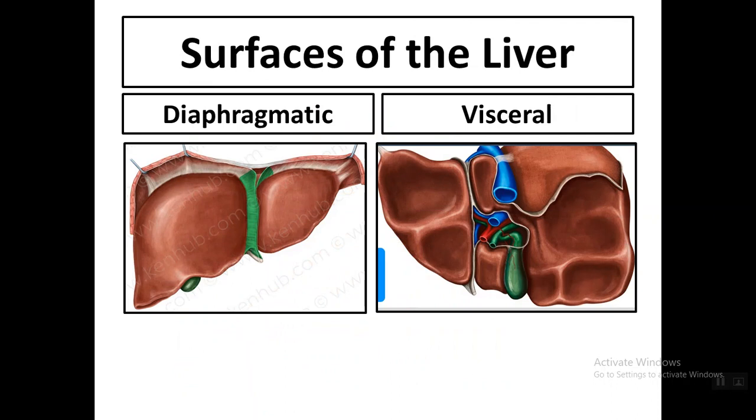What are the surfaces of the liver? One of the surfaces is related to the diaphragm, and it is called the diaphragmatic surface, and the other one, or the posterior inferior surface, is called the visceral surface, and it is molded to the nearby viscera. So it has two surfaces, diaphragmatic and visceral.